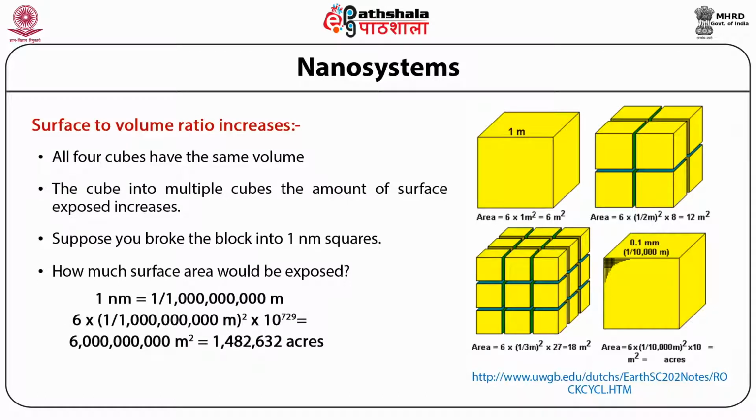1 nanometer is equal to 1 by 10 to the power 9 meters. Now, if we multiply 6 by the square of 1 by 10 to the power 9, and then by 10 to the power 27, this is equal to 6 multiplied by 10 to the power 9 meters squared, which is nothing but equal to 14,82,632 acres.